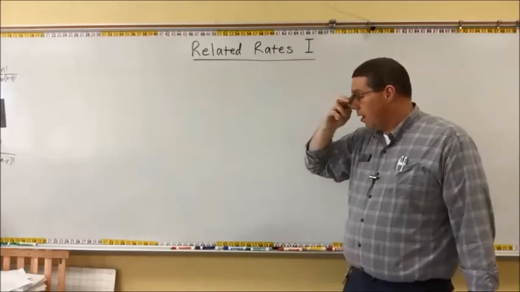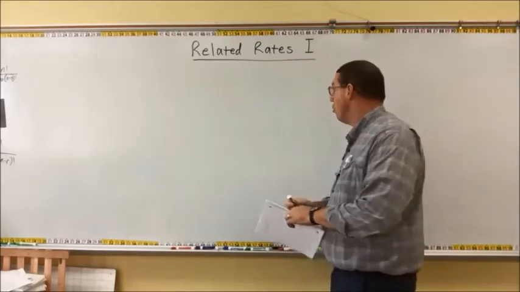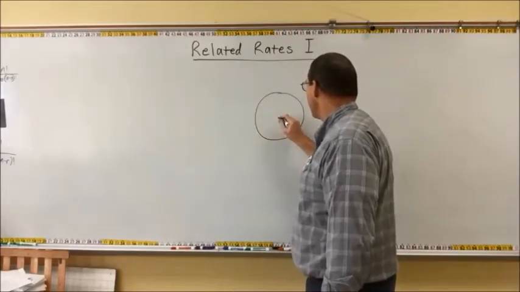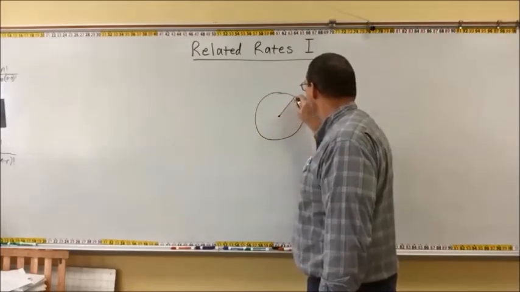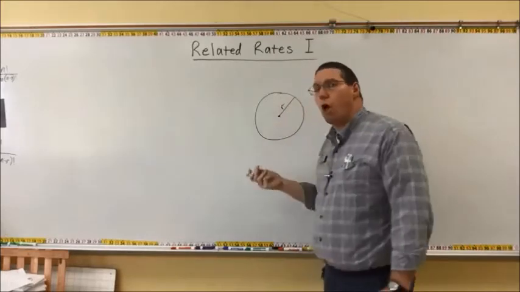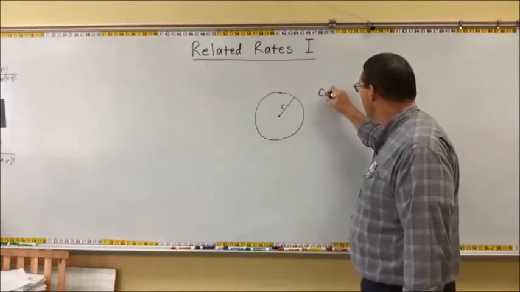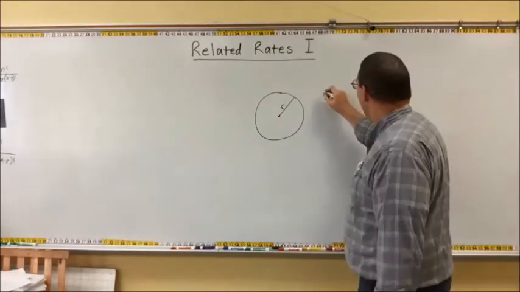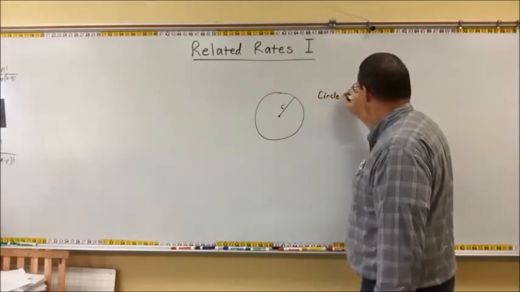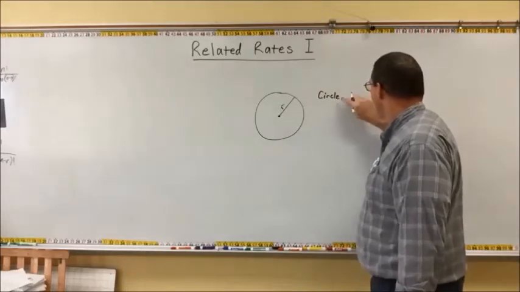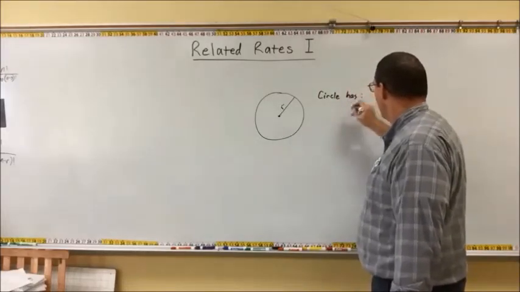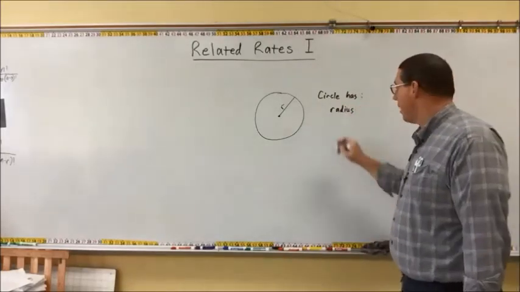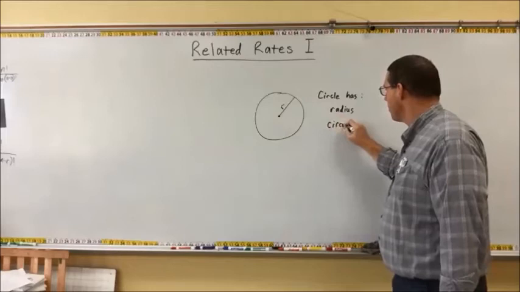So for example, if we have a circle, we understand that a circle has a radius, right? A circle also has a circumference.